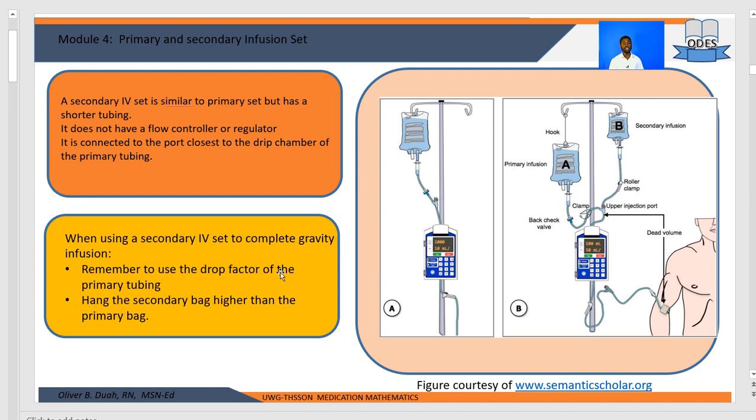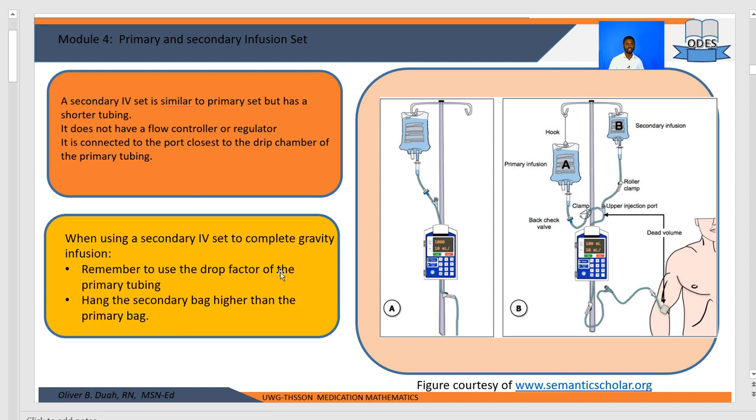A secondary IV set is very similar to primary set, but has a shorter tubing. So when you look at the pictogram on the right side of this presentation, you will see that you have two IV sets, A and B. A is going to be your primary set, and B will be your secondary set.